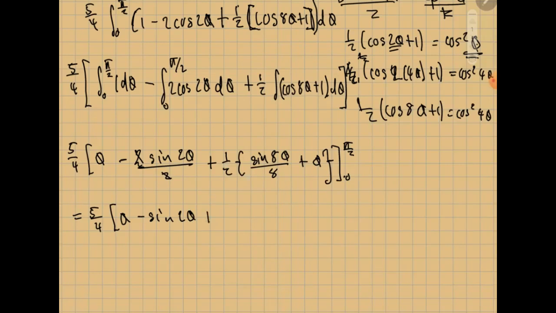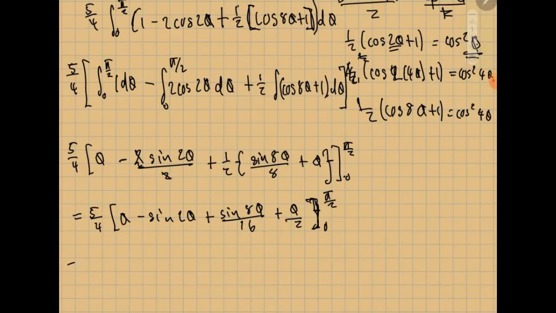It becomes plus sine 8 theta over 16. Then plus theta over 2. All this is being multiplied by 5 over 4, and we want it from 0 to pi over 2.